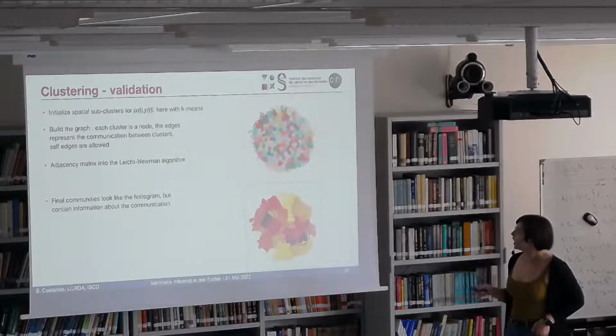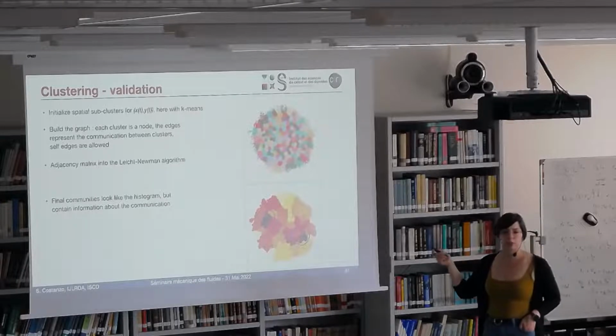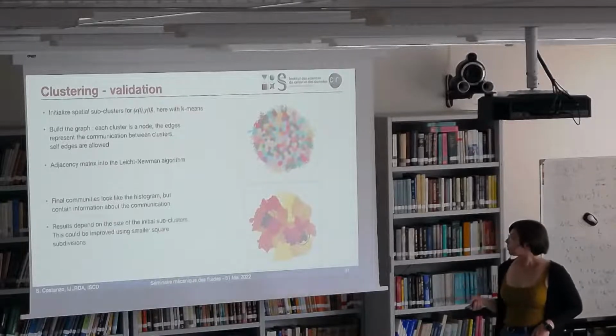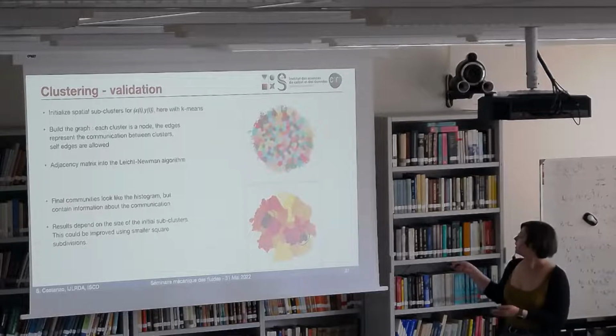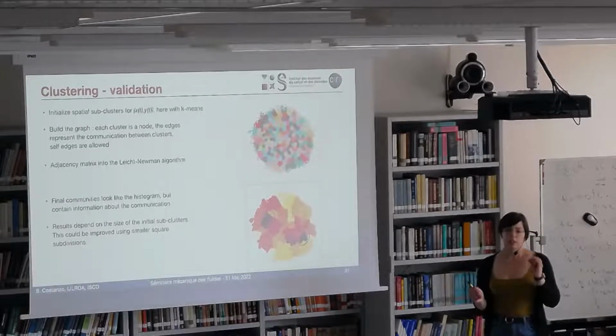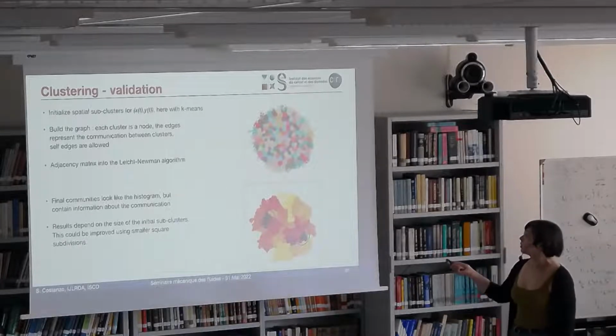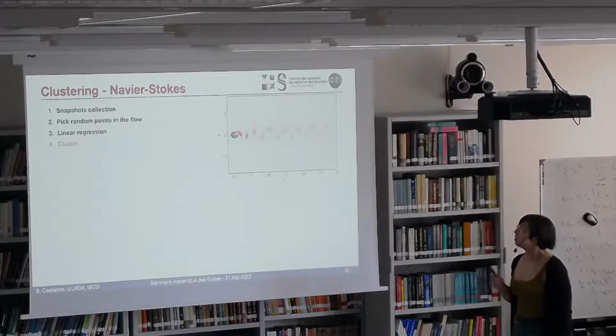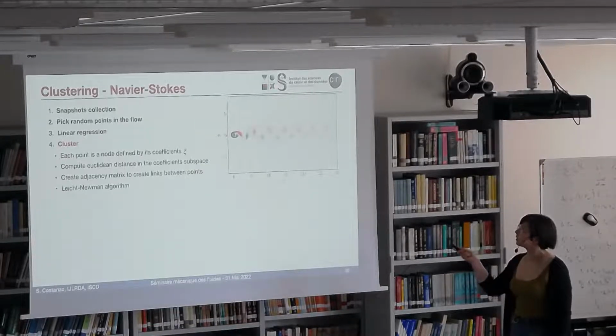And now we also have some information about how the center of pressure moves from one little subcluster to the other. If we want to have this figure perfect, we should use Cartesian subclusters, very small, like the bins of a histogram.